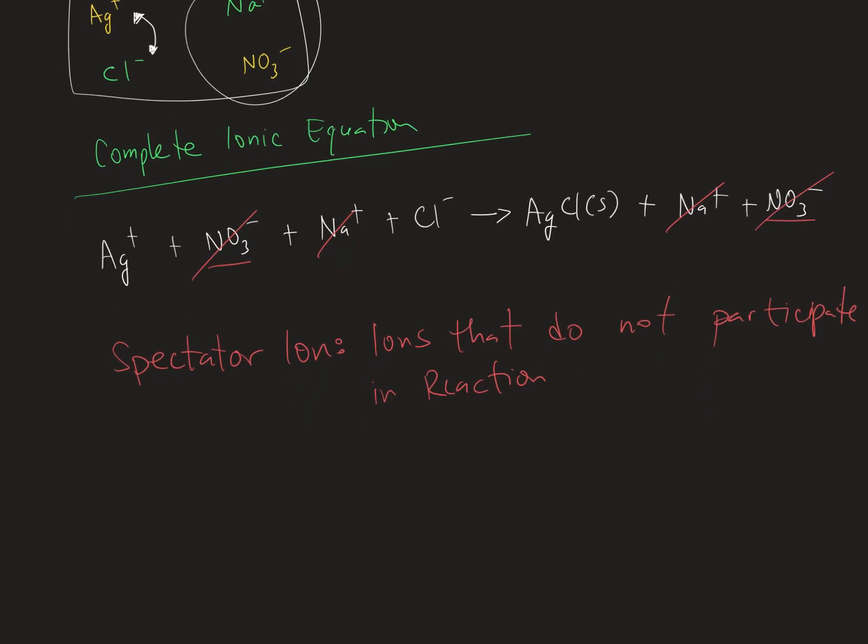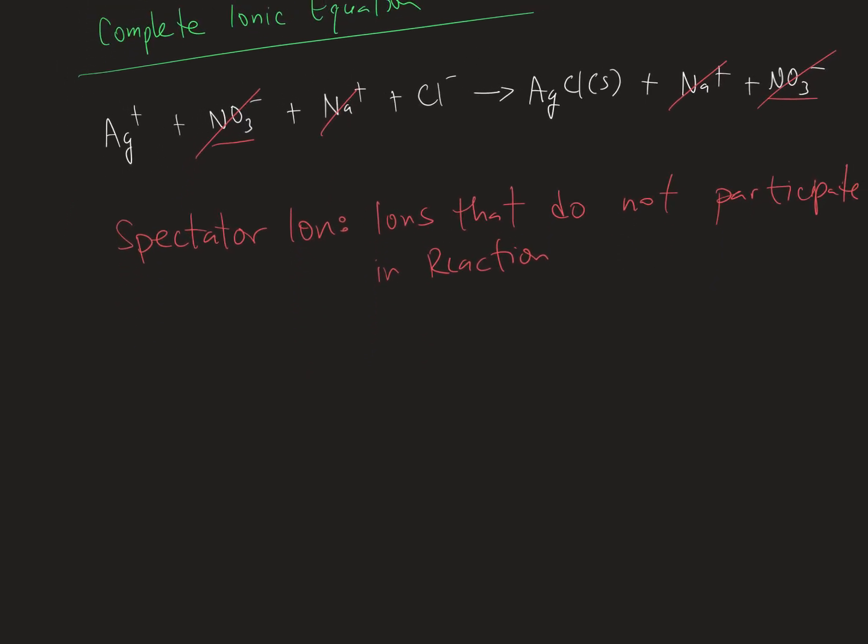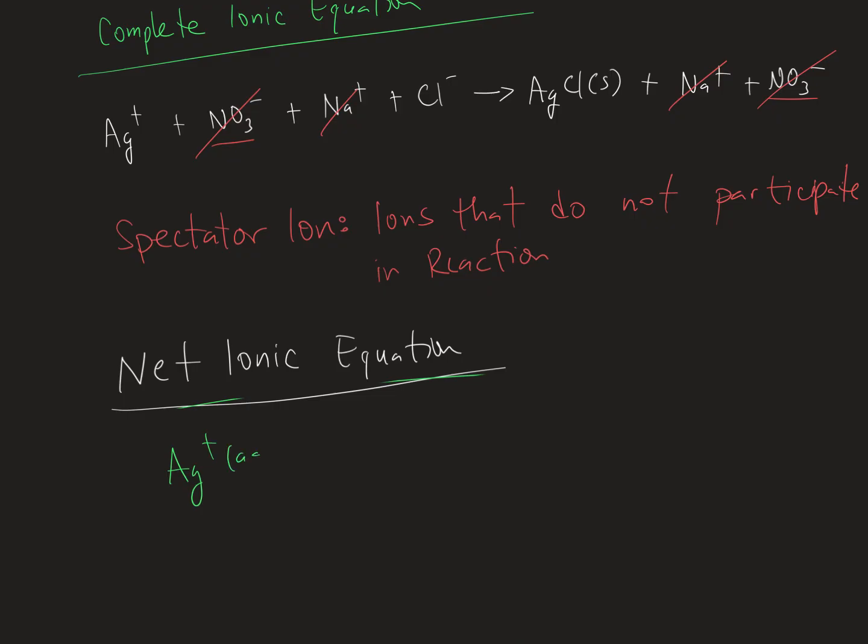And what we're left with, we call the net ionic equation. And we get Ag plus, and we're going to write AQ because it is an aqueous solution to begin with.